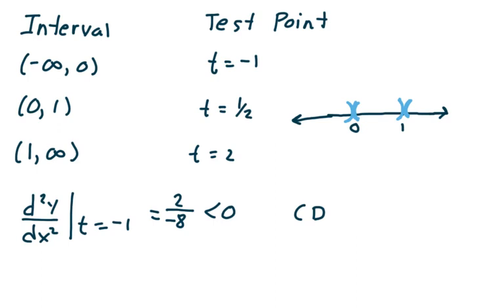And so I'm going to test a point, if it helps, t equal negative 1, t equal 1/2, and t equal 2. And I'm going to plug those values of t into the second derivative and test them out. The second derivative of y with respect to x evaluated at t equal negative 1 is 2 over negative 8.